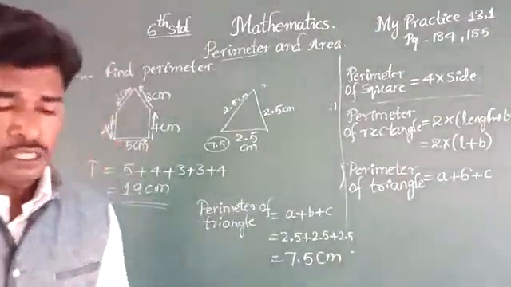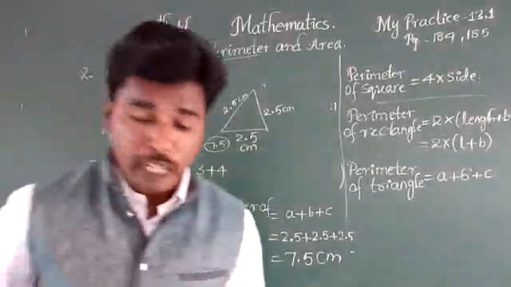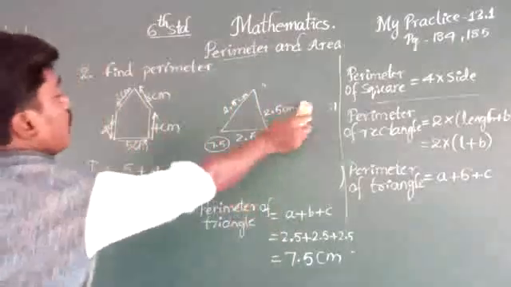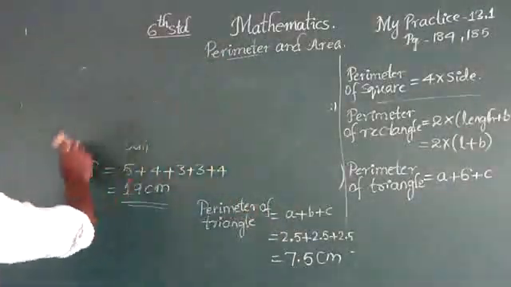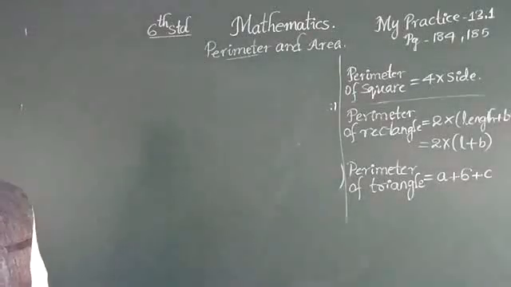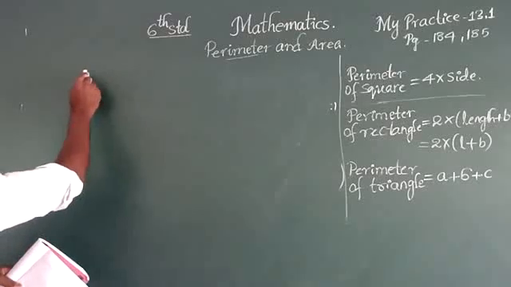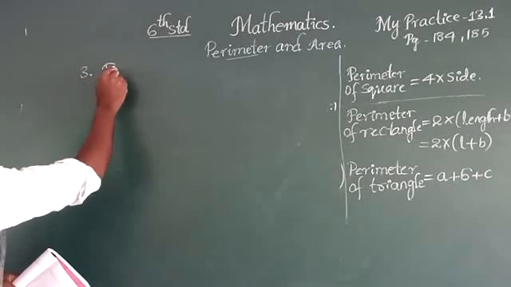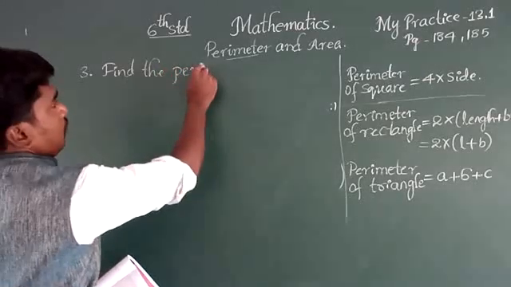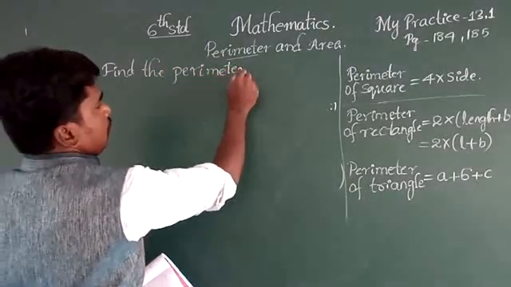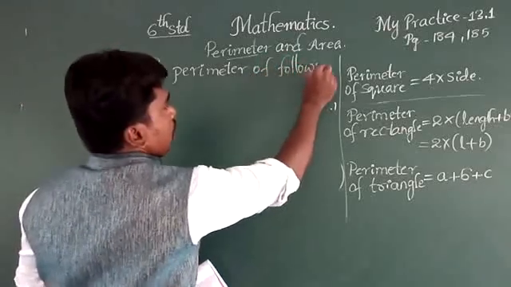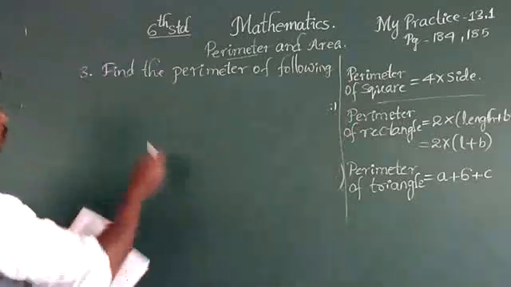Now I should proceed to find the perimeter of the following squares whose sides measures are given here. It is the third main. The third main is find the perimeter of the following squares.